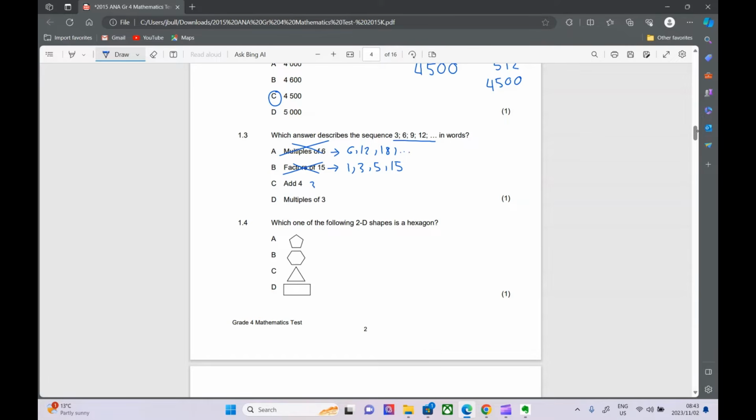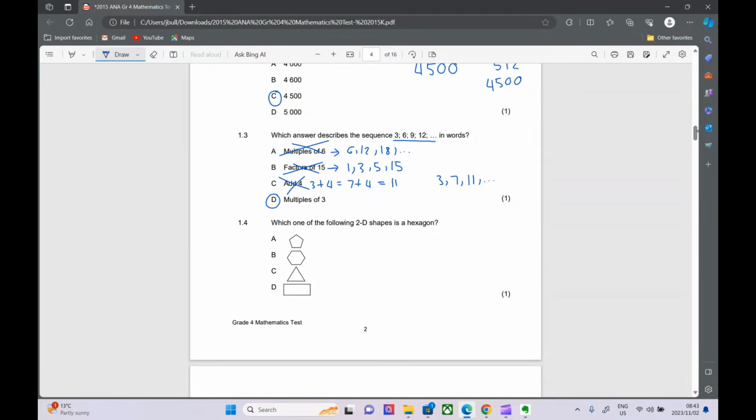So if we have 3, that's the first number, and we add 4, we are going to get 7. If we add 4 onto that, we are going to get 11. Okay, so that sequence would be 3, 7, 11, and so on. Again, that's definitely not the right one. So we can cross that out, and so that means we must have D as our answer.